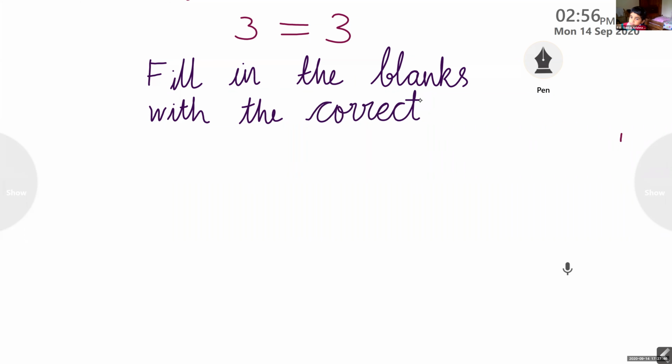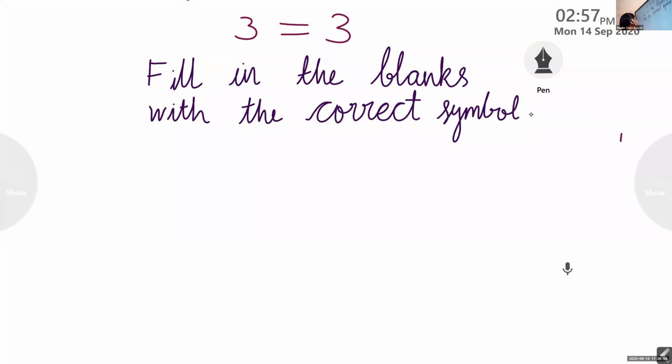Are you discussing a number or a symbol? Which one? It is a symbol.